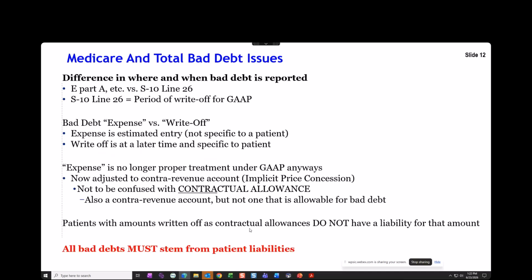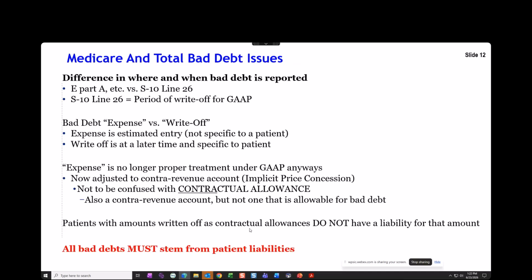So now let's talk about Medicare and total bad debts. In the past, up until, I don't know, a few years ago, when we started doing the S10 audits, I guess it's been quite a few now, the only thing we ever were concerned with was Medicare bad debts. Those could be reported on E-Part A, E-Part B, the settlement worksheet for all of the different subunits.